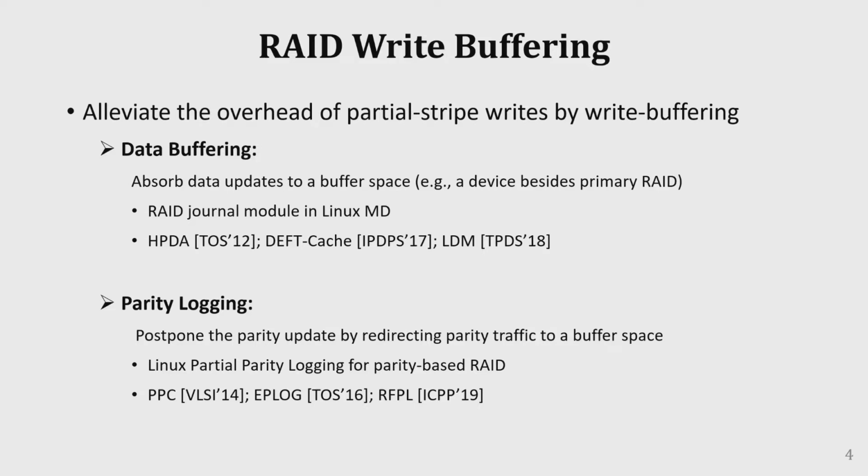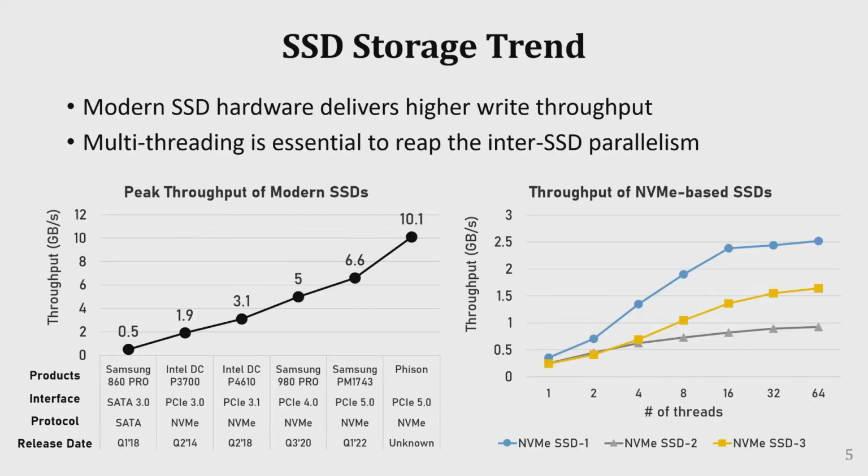It flushes them to the primary RAID array after the data can be merged into a full stripe write, thus speeding up write performance by eliminating the performance-degrading partial stripe writes. Besides, parity logging is another RAID buffering method that only buffers parity updates in a logging manner, while data updates are written in place to the primary array simultaneously.